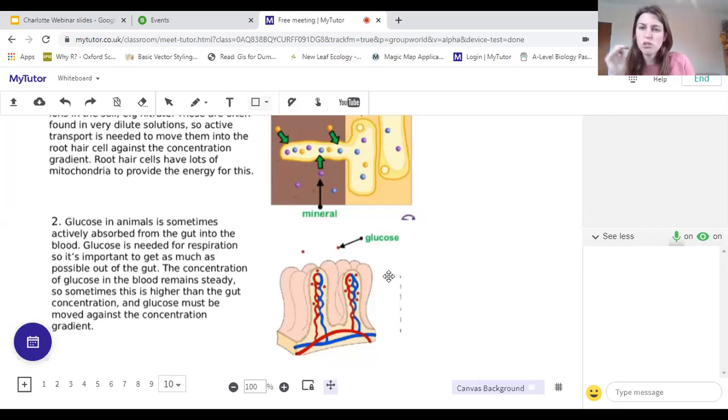And so the concentration of glucose in the intestine goes up and down a bit. Blood comes by. Sometimes the blood, if you're getting towards the end of the intestine, has quite a lot of glucose in it already, and it's in quite a narrow area in that capillary. So that means that it has comparatively quite a high concentration of glucose, and so it's better to actively transport that glucose out of the intestine and get it to the muscles as soon as you can.